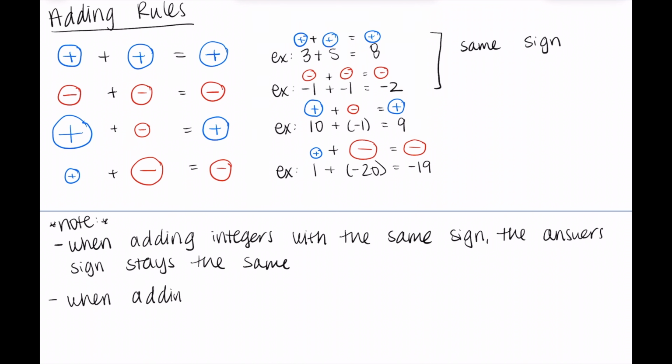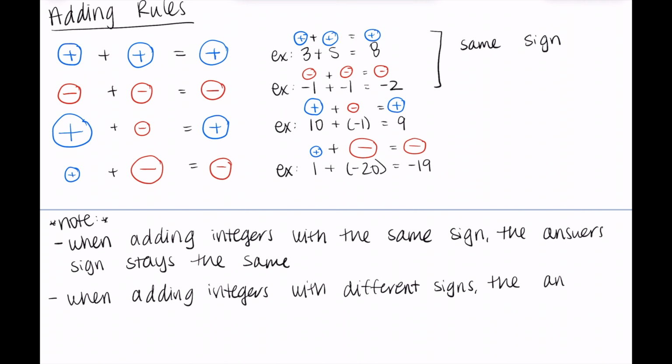But when we add integers with different signs, the answer sign will match the larger integer. And what do I mean by larger integer? We obviously know that a positive number is greater than a negative number. That's not what I mean here. I mean the absolute value of the numbers you're adding.